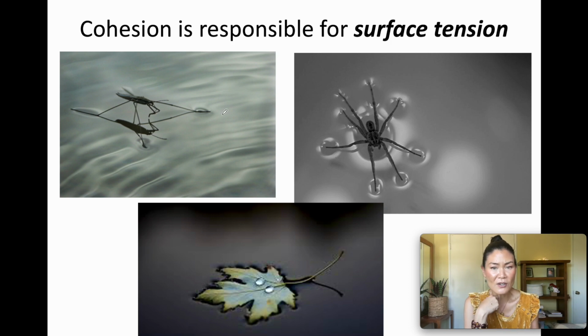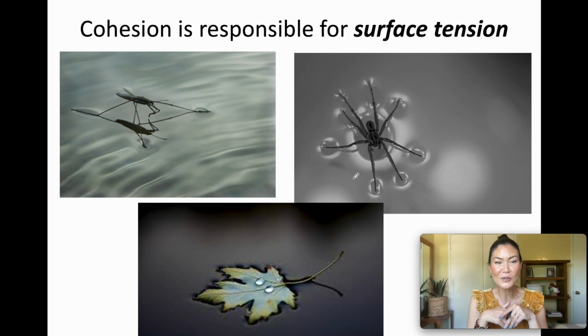And you can see here that a spider, in this case a water strider, and a leaf can actually float on top of the surface tension without breaking the hydrogen bonds, okay? There's also a lizard, the basilisk lizard or the Jesus lizard, that can use the surface tension on water to run across the surface of water.